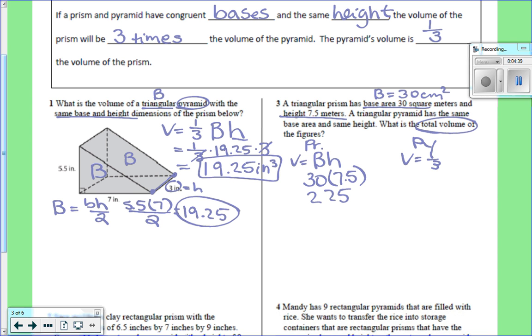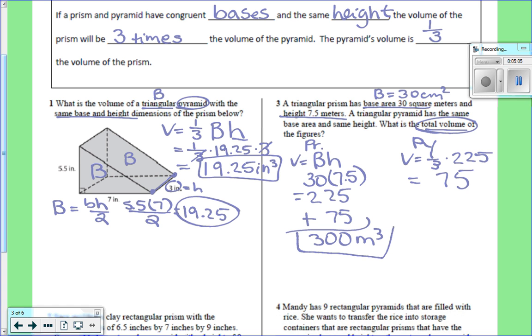We already know what B times H is, right? 225 times 1/3 is 75. So now let's go back and read. What's our total volume? What do we have to do? Add them together, and you get 300 meters cubed. Not bad, right?